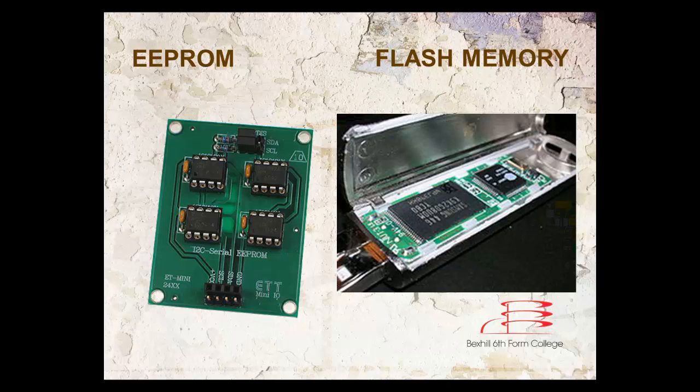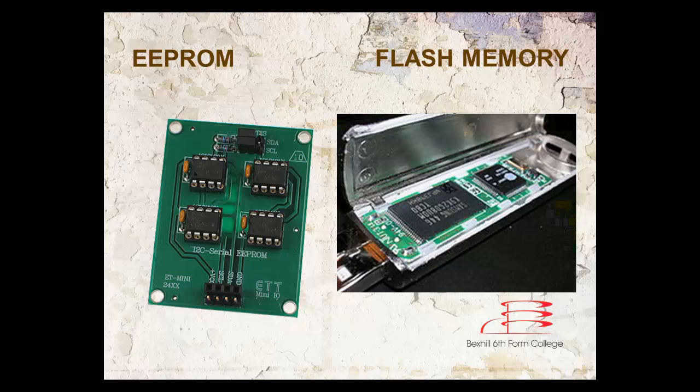There is a problem with these. The very nature of the way they work creates a flaw in the way it holds electricity, and it means that they deteriorate quickly. A memory stick, a flash memory, has a very short life expectancy.